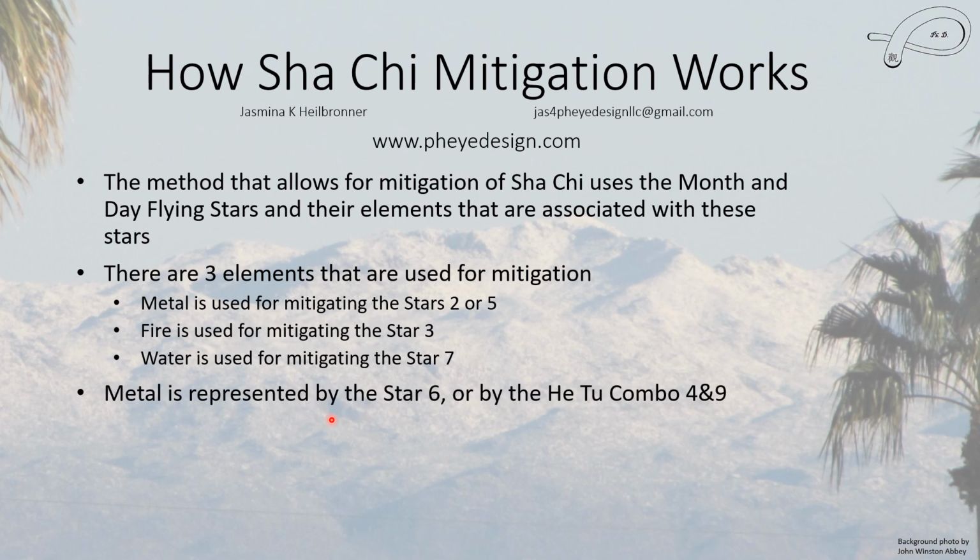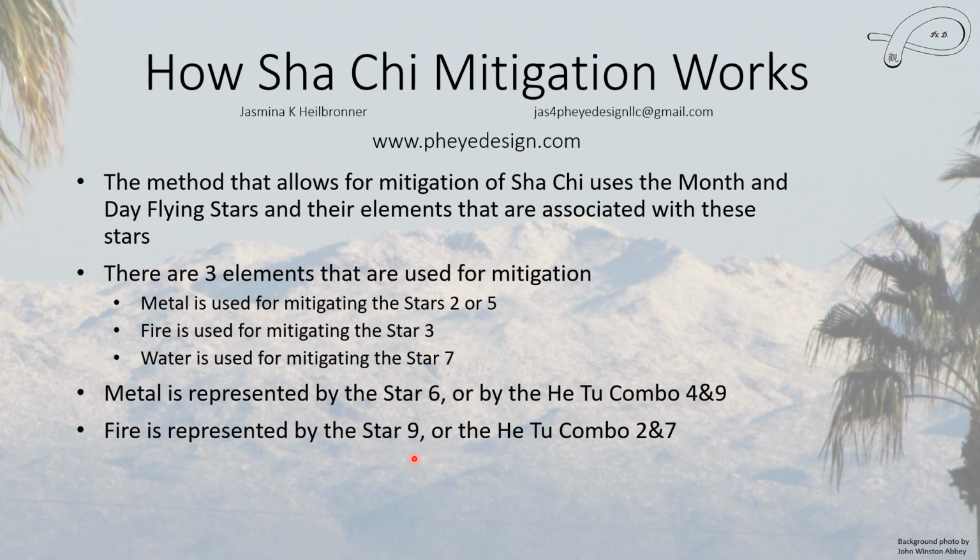Now, metal is represented either by star 6, that is, both the day and the month in one single sector would be 6, or the Hetu combo of 4 and 9, where one is from the month and the other is from the day, and it doesn't matter which one, could be either.